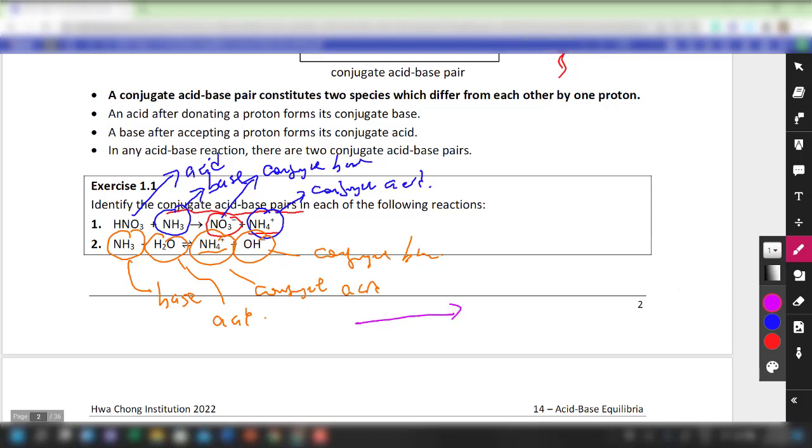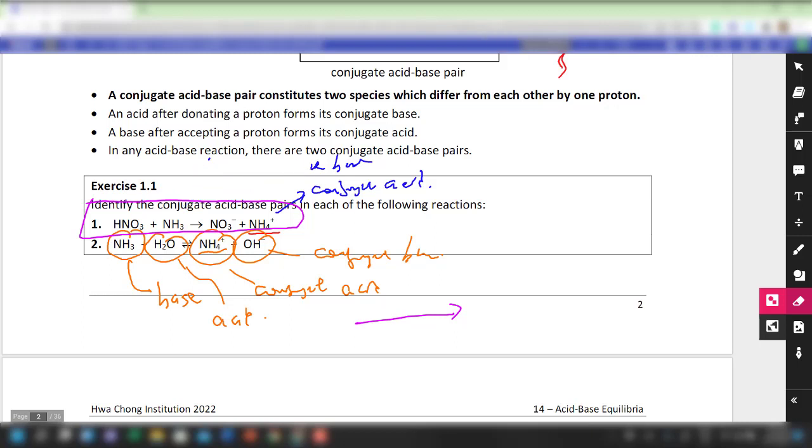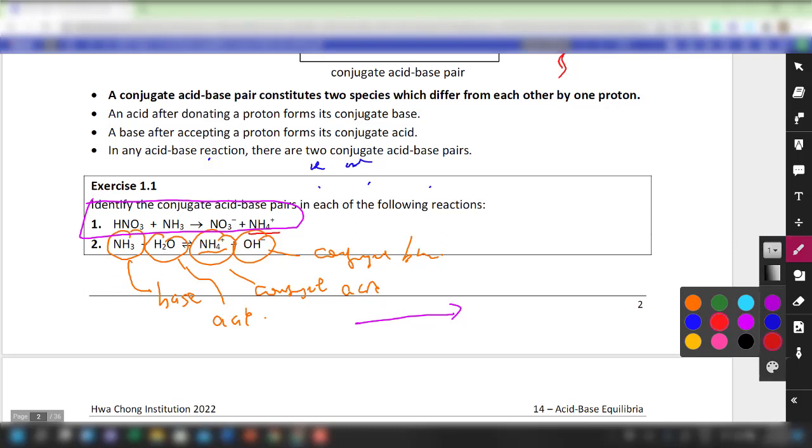If we are to reverse the reaction, so for example the first question, let me just erase this portion for simplicity. If we reverse the reaction, then we will refer to ammonium as the acid here, because it loses a H plus to nitrate.